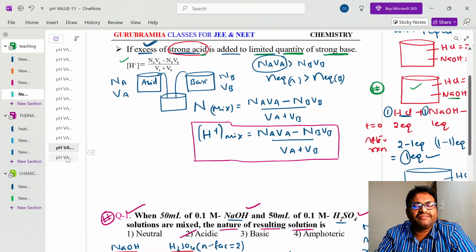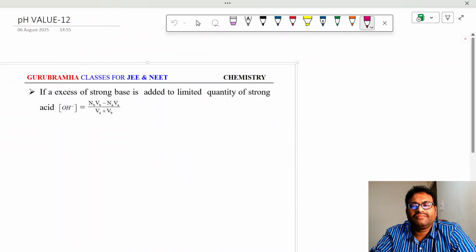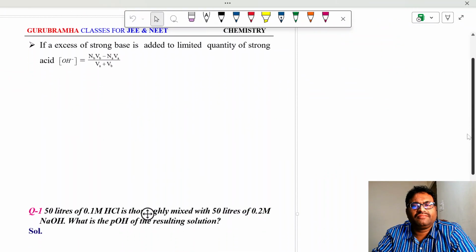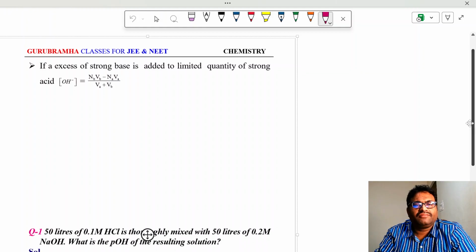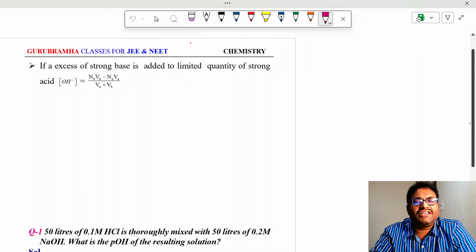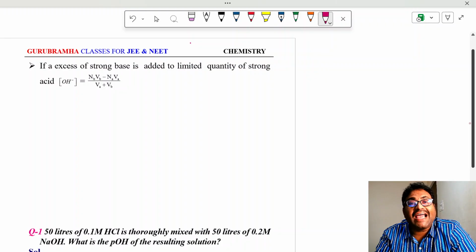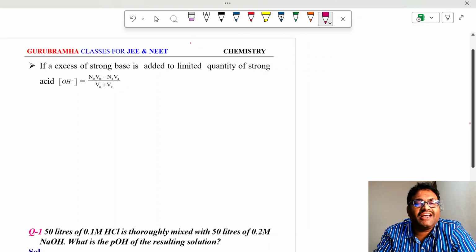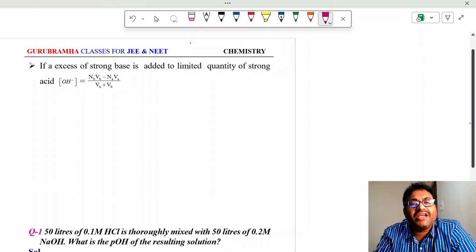Next, let us see. Before, we have seen that the number of equivalents of acid are greater than base. Here, the number of equivalents of base are greater than acid.